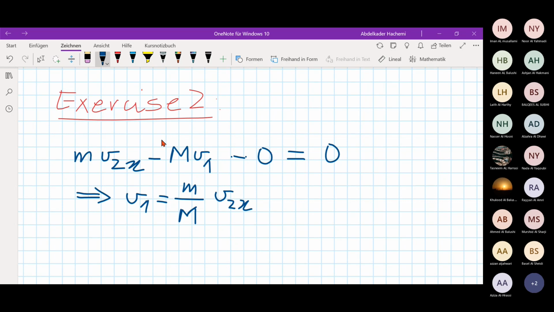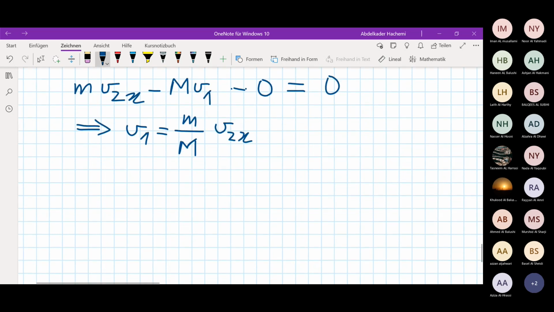Now, if we look here at the velocity V2, which is the absolute velocity, it's equal to V1 of the apparatus, which is the frame velocity, plus the velocity of the mass m, which is the relative one.